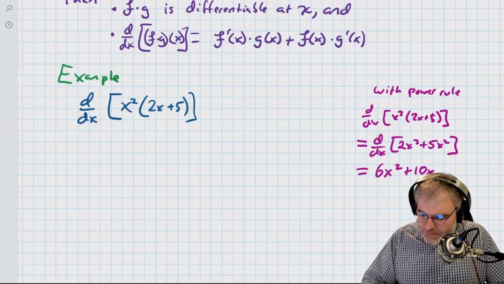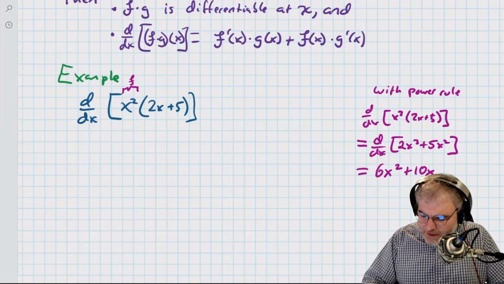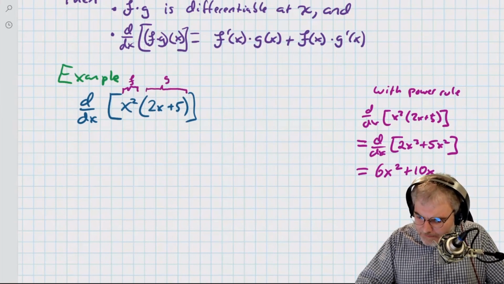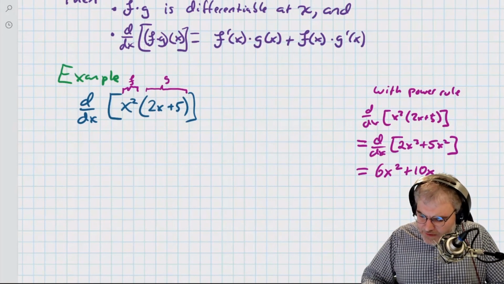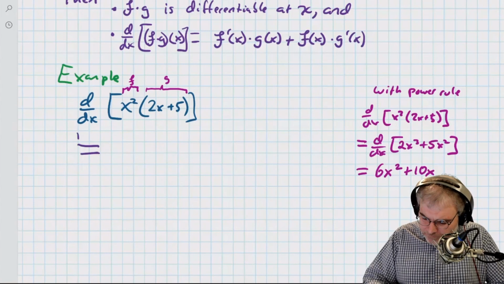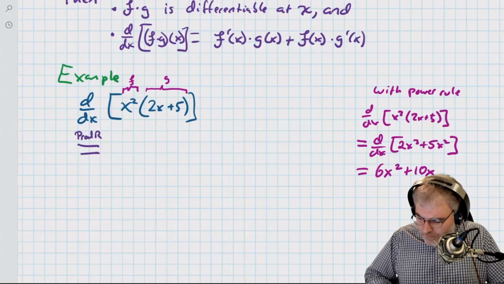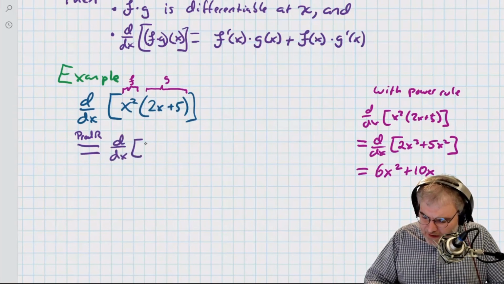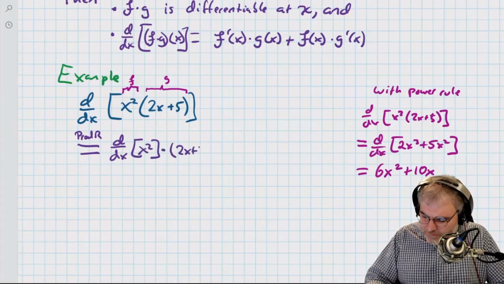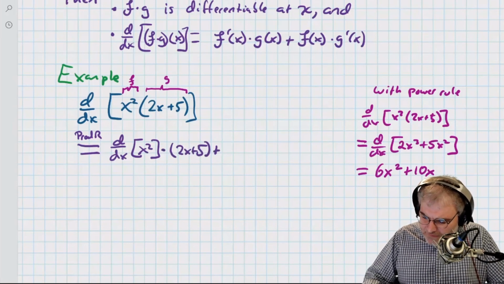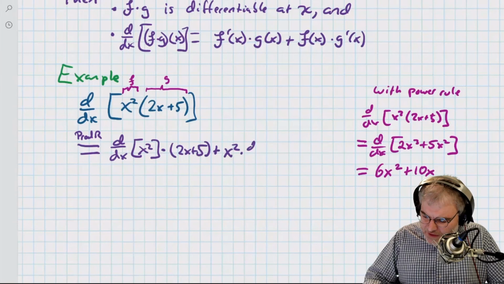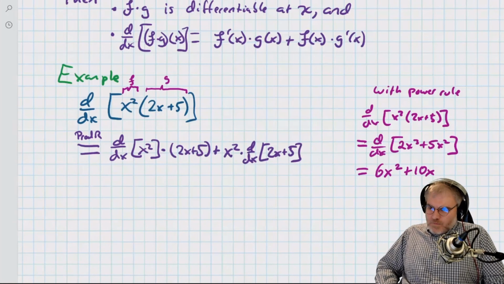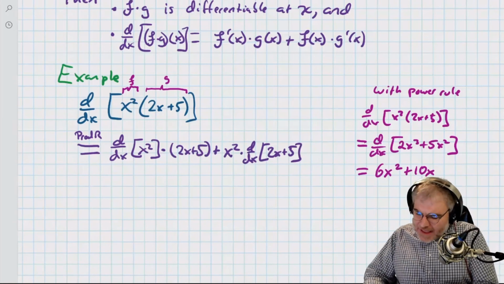I'm going to call this particular thing f. I'm going to call this particular thing g. So what I'm going to do is equals, with the product rule, f prime of x, so d over dx of x squared times g of x plus x squared times d over dx of 2x plus 5. So what I did was I applied the rule.